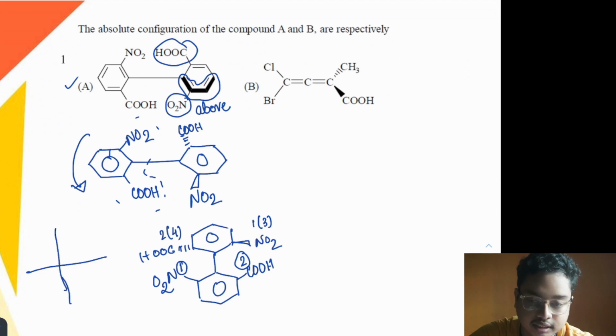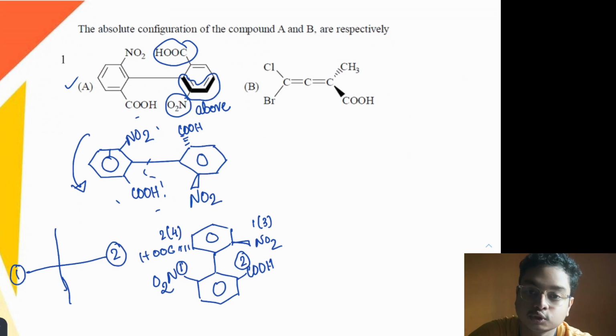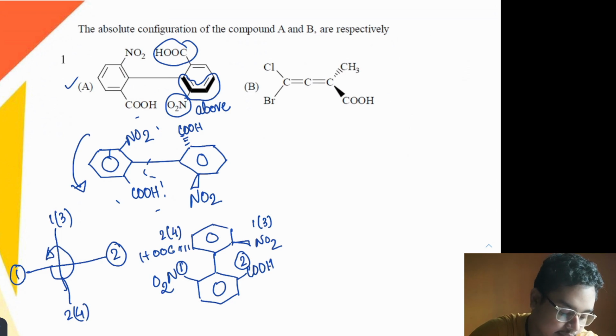As the rule suggests, this will be present as it is in the horizontal, so it is 1, it is 2, and this particular group should be present on the lower side of the vertical bond. The rotation 1, 2, 3 is anti-clockwise, that means this will be an S compound.